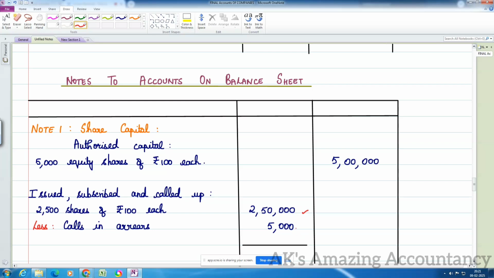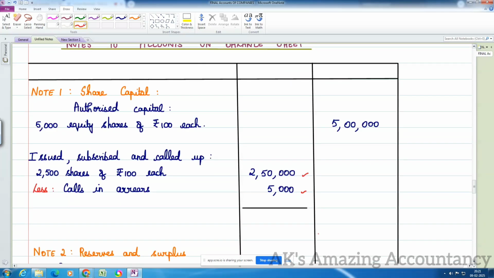So calls in arrears is given to us in the problem as 5,000. So when we deduct calls in arrears, we will be having a balance of 2,45,000. So 2,50,000 minus calls in arrears 5,000 will give us 2,45,000. So this will be note 1, share capital.